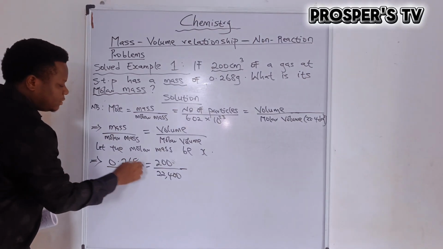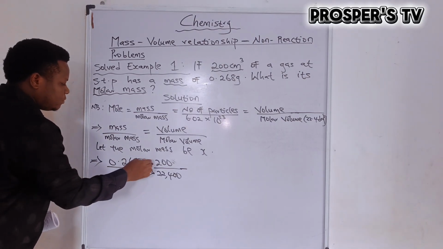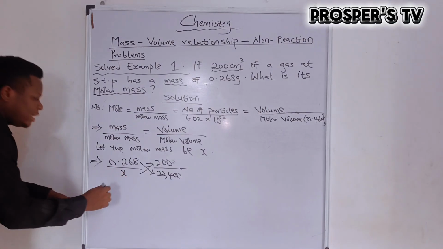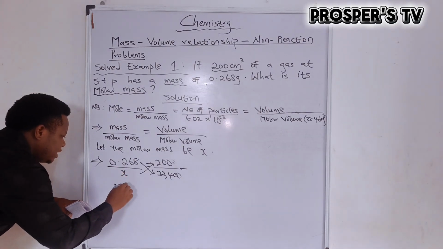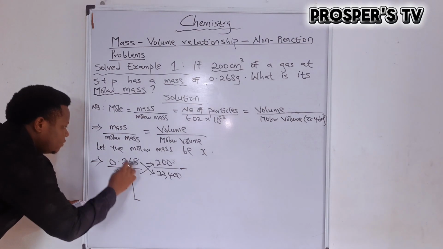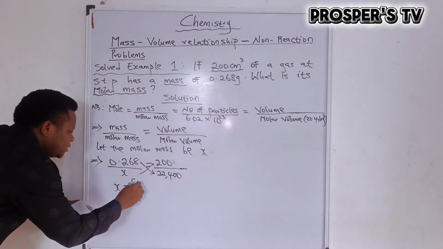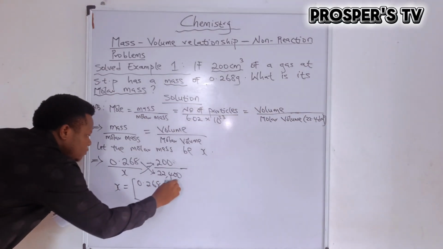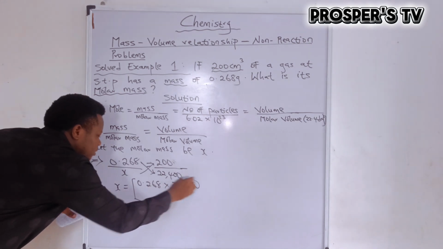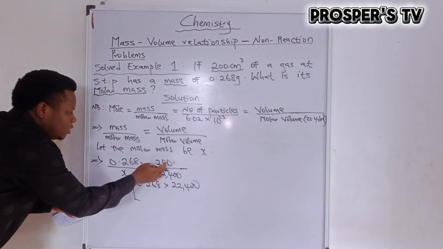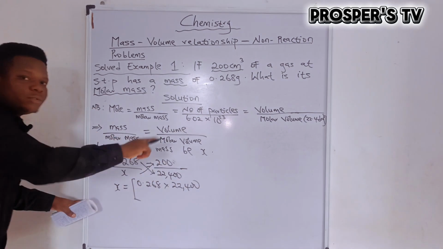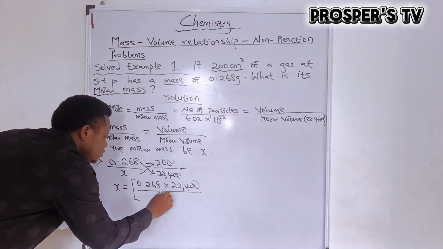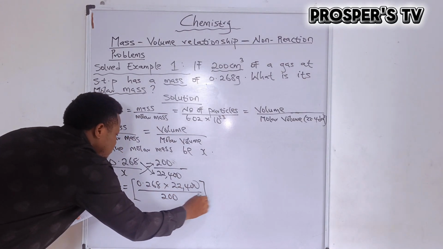If you cross multiply from here, which is what you do normally in mathematics, and make x the subject of formula, x is going to be 0.268 times 22,400. X would multiply 200. To make x alone, you divide both sides by 200. So this would be all over 200.